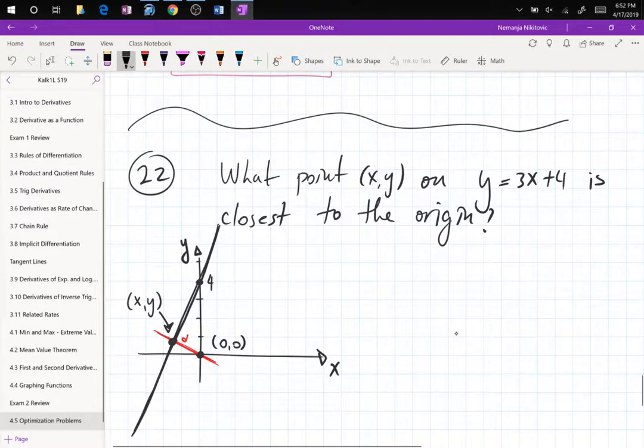It's the perpendicular distance to the line that is the closest to 0, 0.